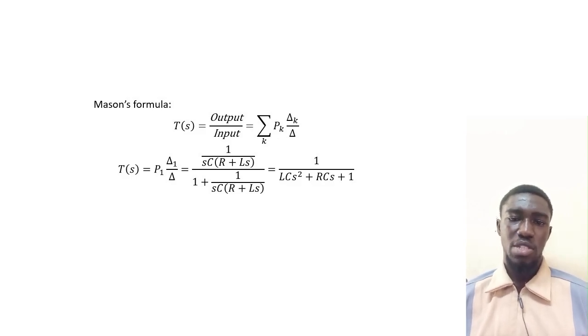For this simple series circuit, both work equally well, but for complex systems with multiple loops and feedbacks, signal flow graph is essential, whereas voltage divider rule is impractical. In short, voltage divider gives you speed and simplicity, whereas signal flow graph gives you insight and versatility.